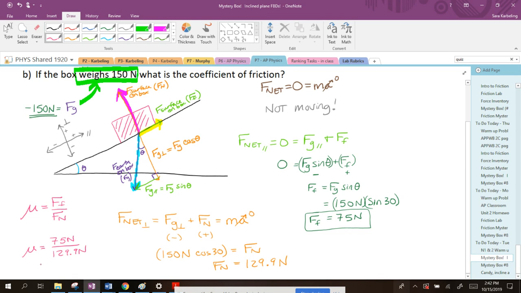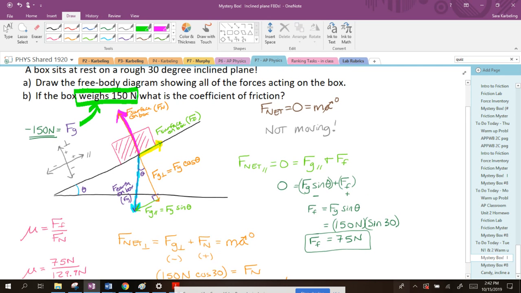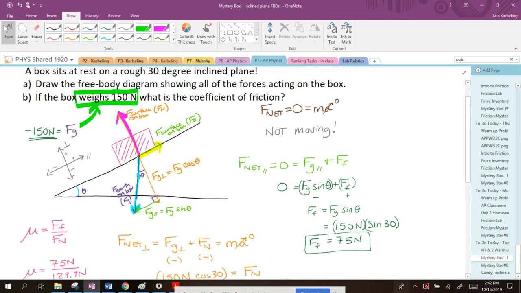129.9 newtons. Now, I was just going to say, there's one piece that we didn't say in here, and that was that it just barely sits at rest. If I made it a little bit bigger, then it would slide down. Thank you for asking about that, because that was not explicit in the question. Just barely not slipping.